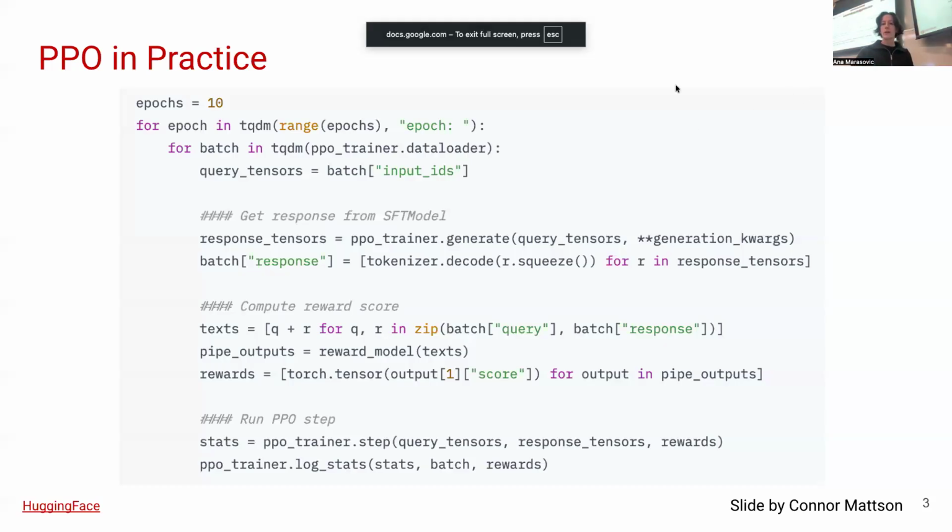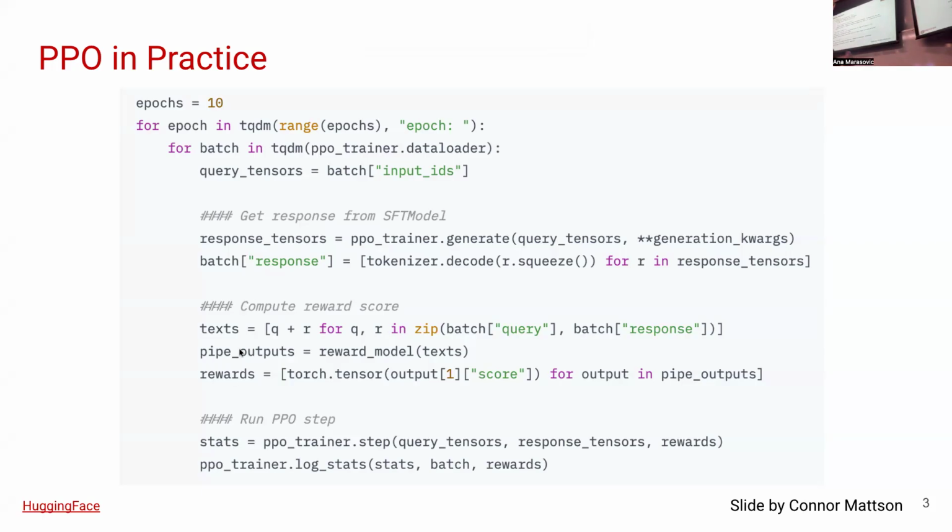This is just a little snippet to show you how simple using PPO in practice actually is, right? Because bless them, Hugging Face did everything for us, so we don't need to write most of these equations. We need to have our SFT model. We need to get responses from the SFT model. So these are 2 lines of code. Then given our responses, we need to give them reward.